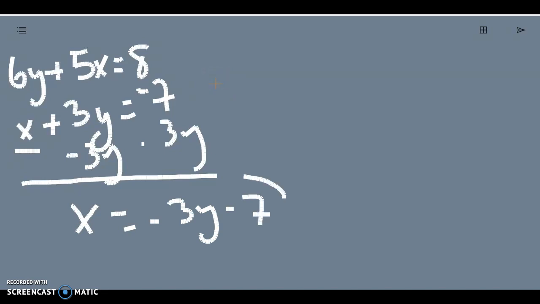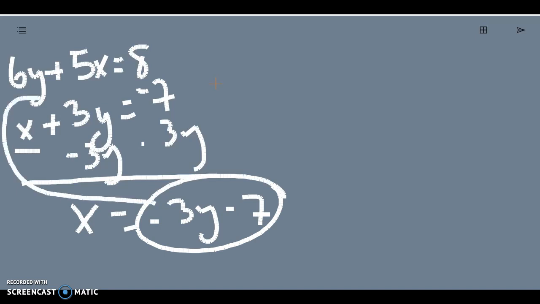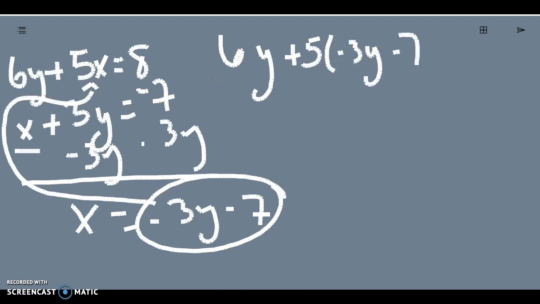So now I can take what I have for x and plug it back into my first equation for this x. So I have 6y plus 5 times negative 3y minus 7 equals 8.